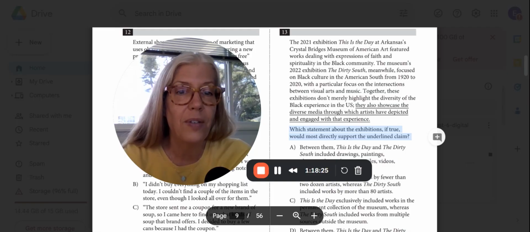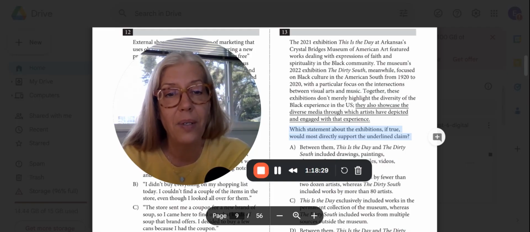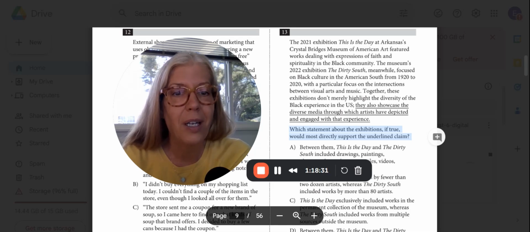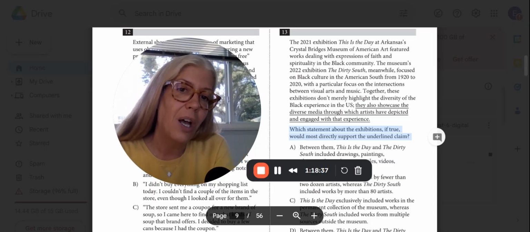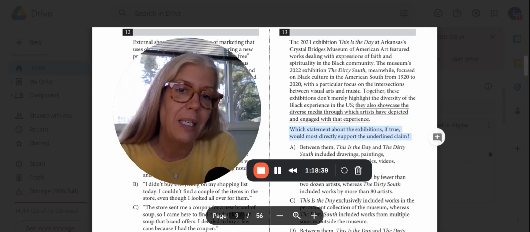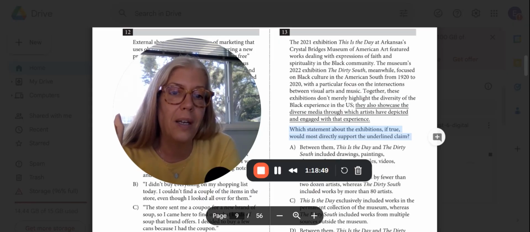Together, these exhibitions didn't merely highlight the diversity of the Black experience in the U.S.; that's a period right there. They also showcase the diverse media through which artists have depicted and engaged with that experience. That's the claim.